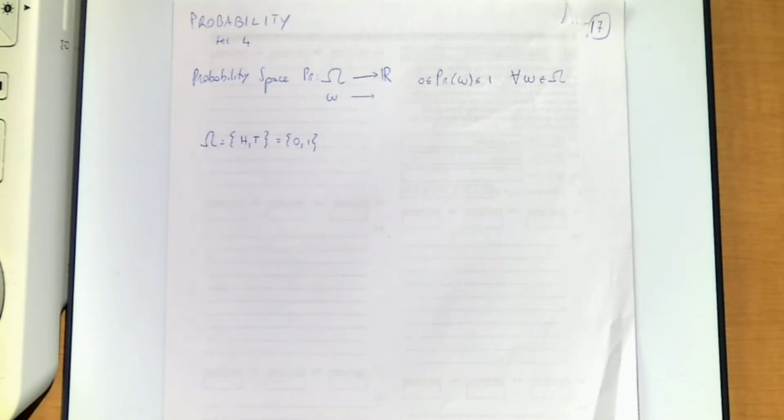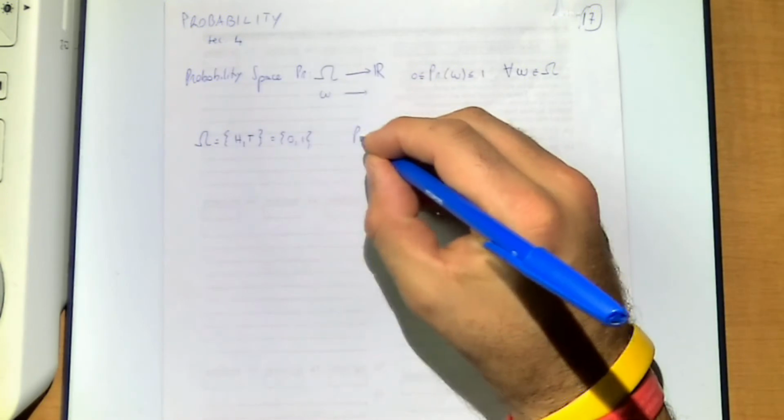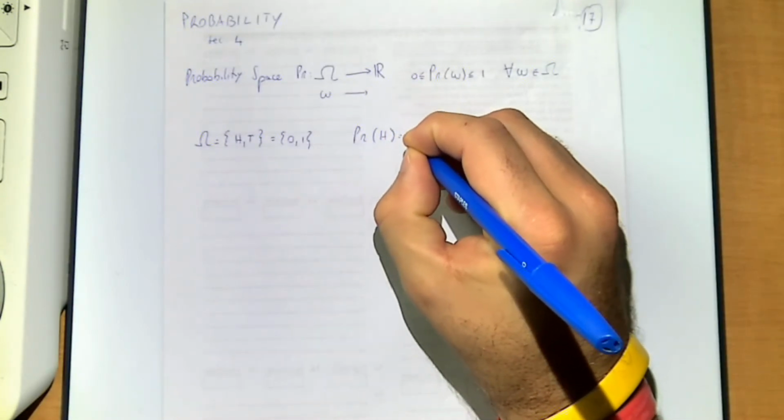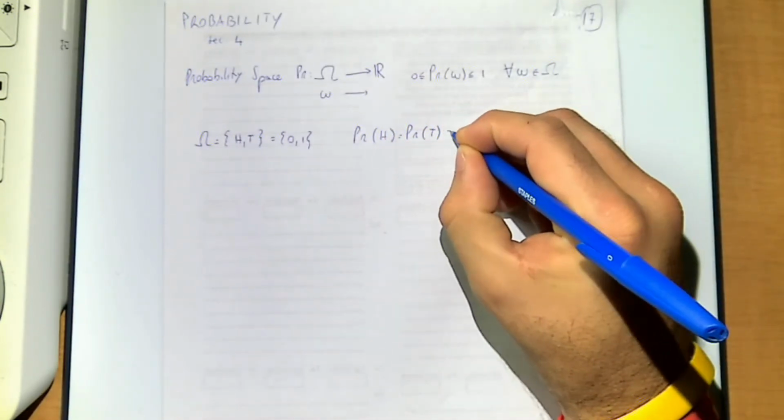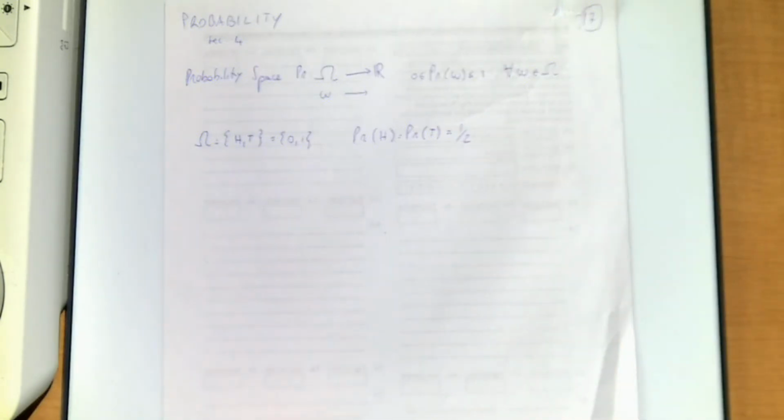So it's a very important example, and assuming that this is a fair, balanced coin, then the outcomes are equally distributed, so they both have probability 1/2, which again is what is commonly known as 50%.